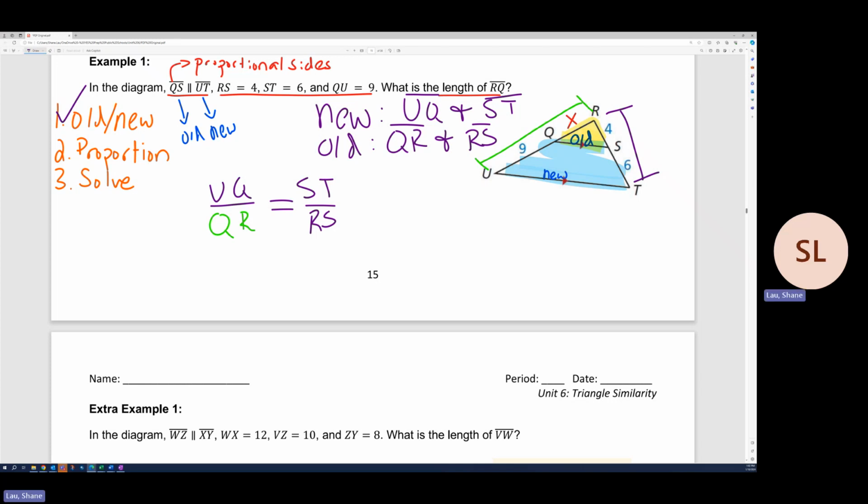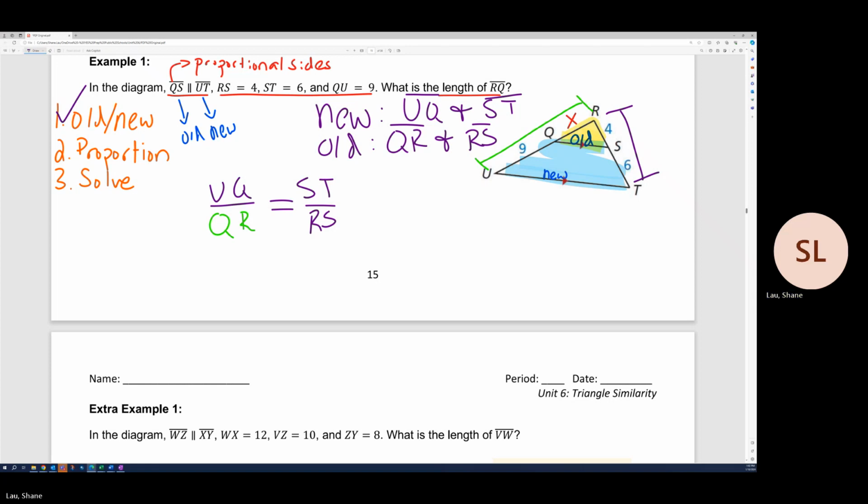Again, if we had it the other way around, if we had QR over UQ equals RS over ST, that's perfectly fine. You're going to keep the same consistency and you're going to find it to work every single time. But the key is consistency.